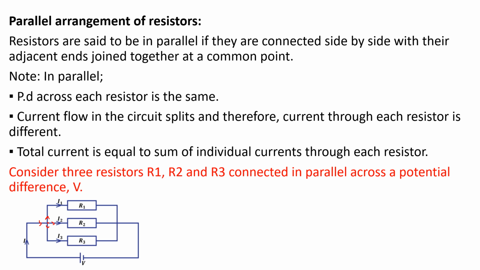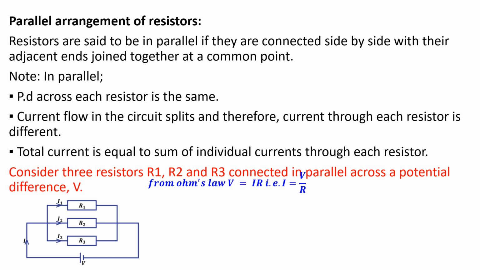Kirchhoff came in and discovered something, and he said if you add the current, the total current leaving that junction, the algebraic sum of this current is equal to the current entering that junction. And that is very true, and we shall apply that in this context. So this is the simple arrangement, taking a case of 3 resistors, and you'll be given maybe 2, 3, 4, 8, 10, depending on the demand of the scenario.